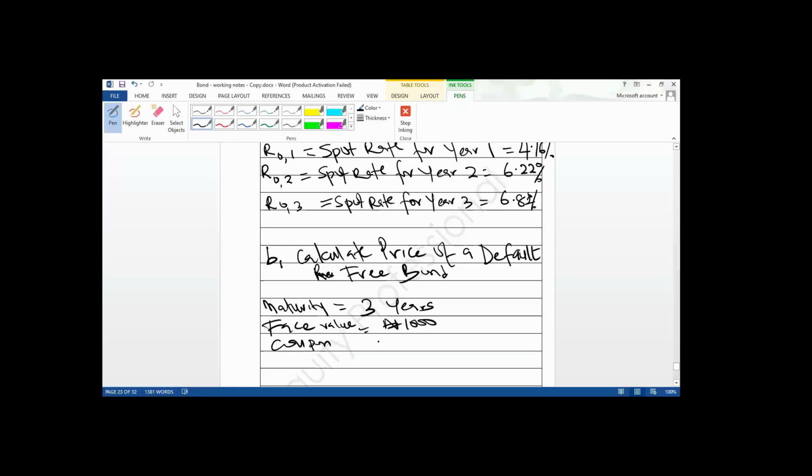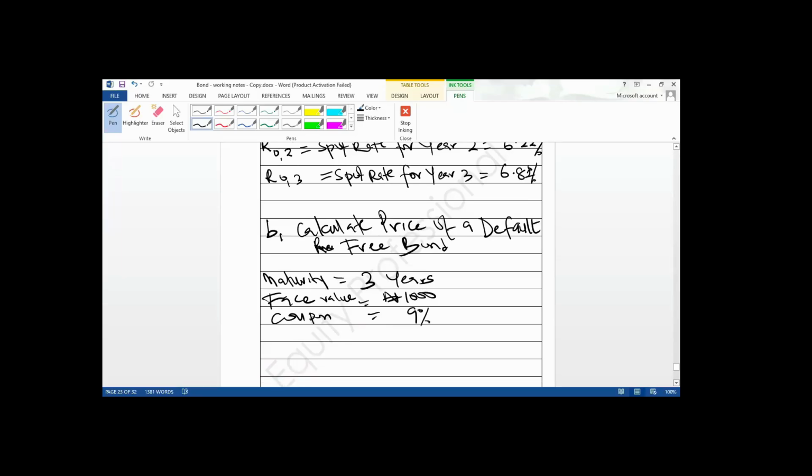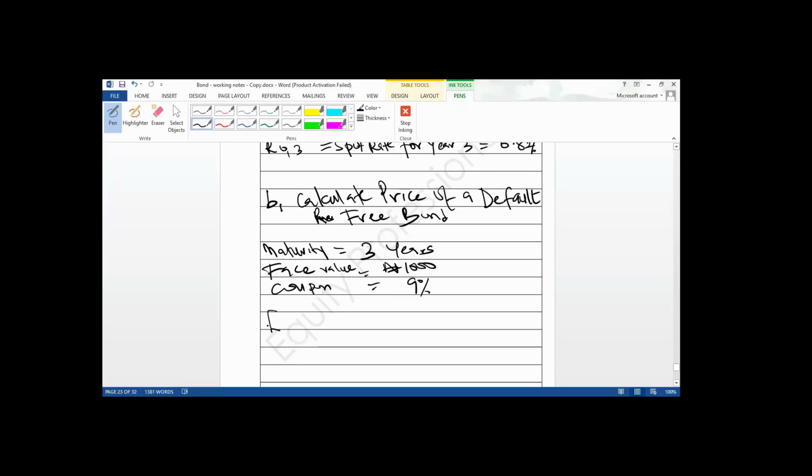Coupon rate on this bond, 9%. Get the expected cash flows. Annual interest for year 1 to maturity. 9% of 1,000, 90 naira year 1.